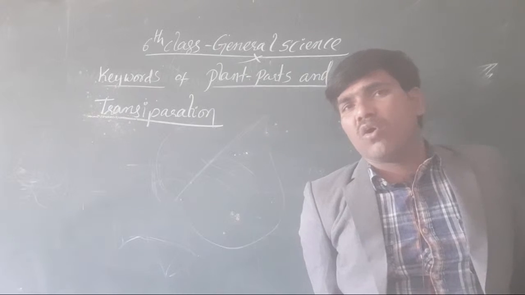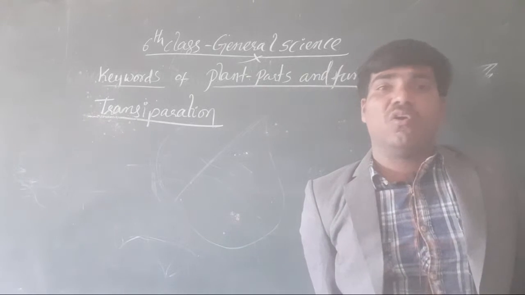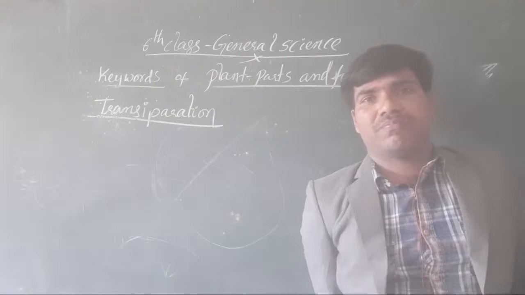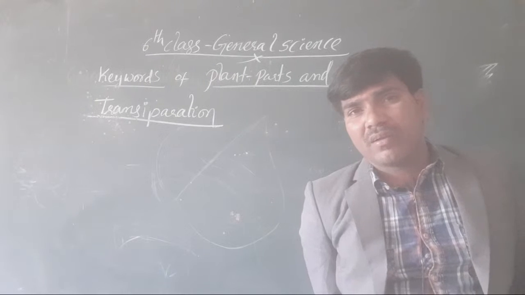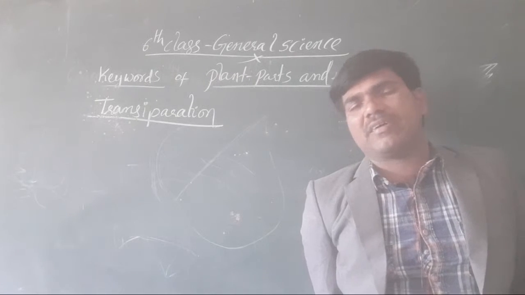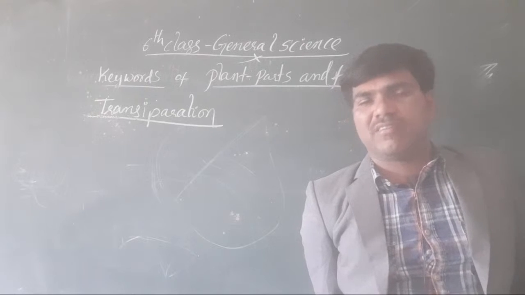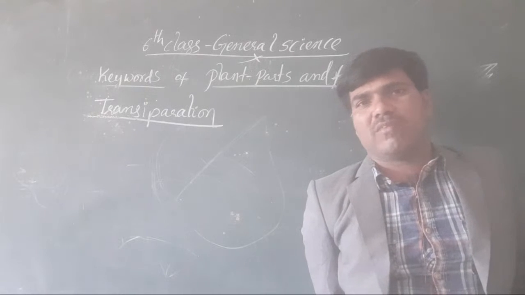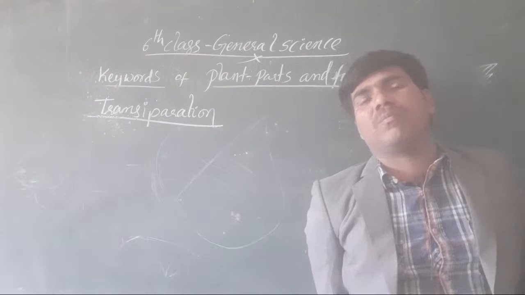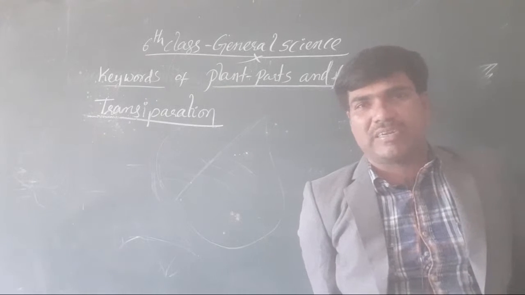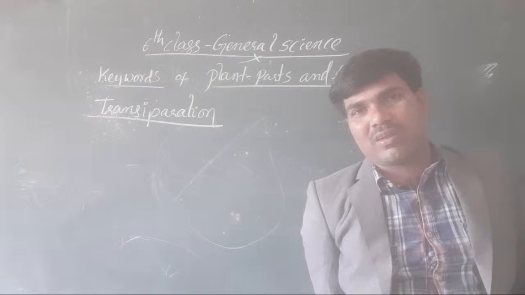Another thing, there is more heat, more sunlight falling on it. A lot of heat coming from the sunlight falls on it. You know very well, water becomes vapor when a lot of heat is produced.